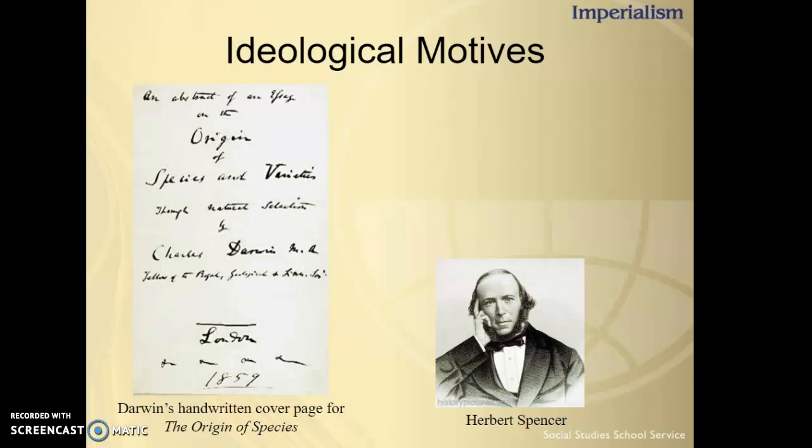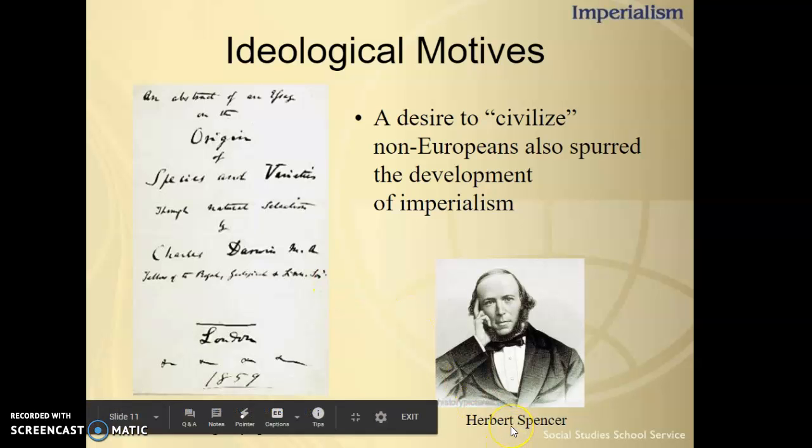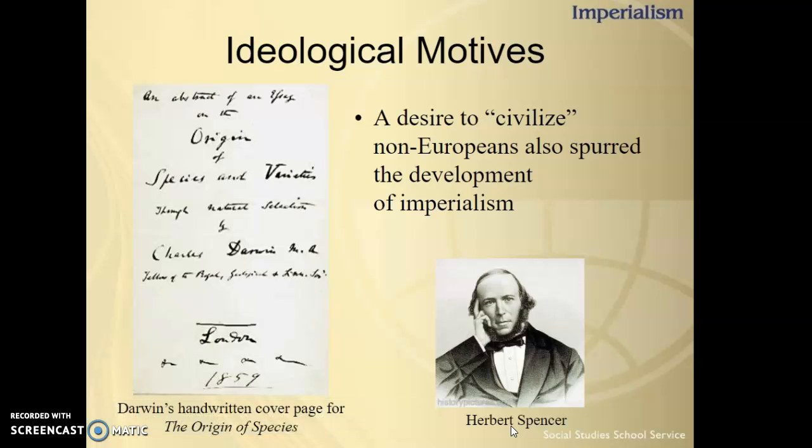Now, what also drives the Europeans are certain ideological motives. A desire to civilize non-Europeans is going to lead to imperialism. Herbert Spencer develops the phrase survival of the fittest. The idea is that Europeans are going to feel far superior to non-Europeans.